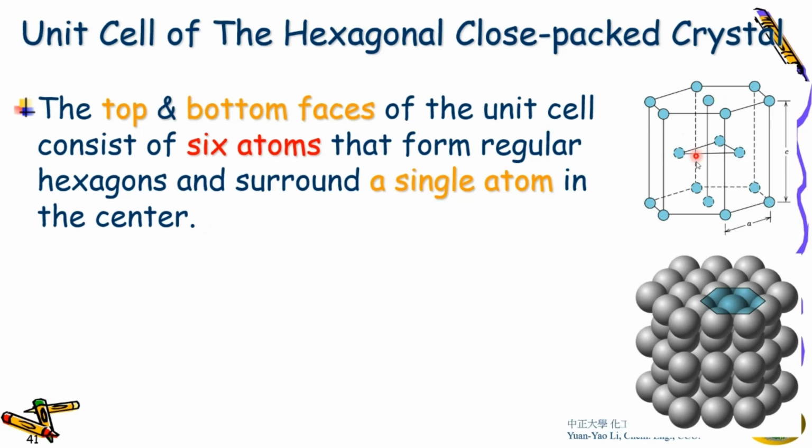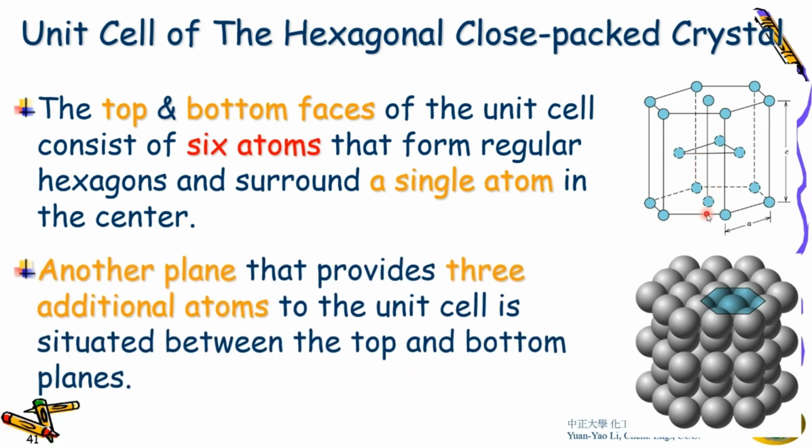If you think of this as layer 1, layer 2, layer 3, or plane A, plane B, plane C, another plane that provides 3 additional atoms to the unit cell is situated between the top and the bottom planes.